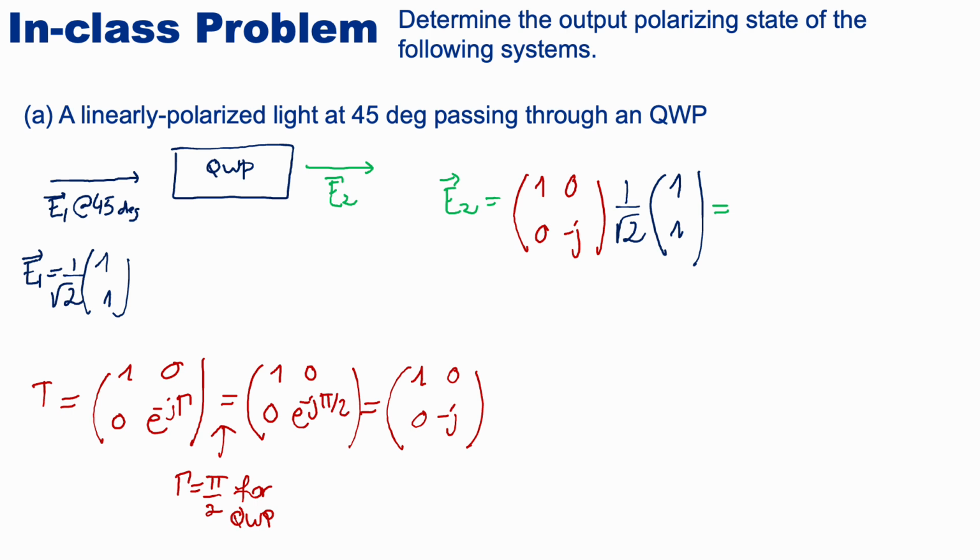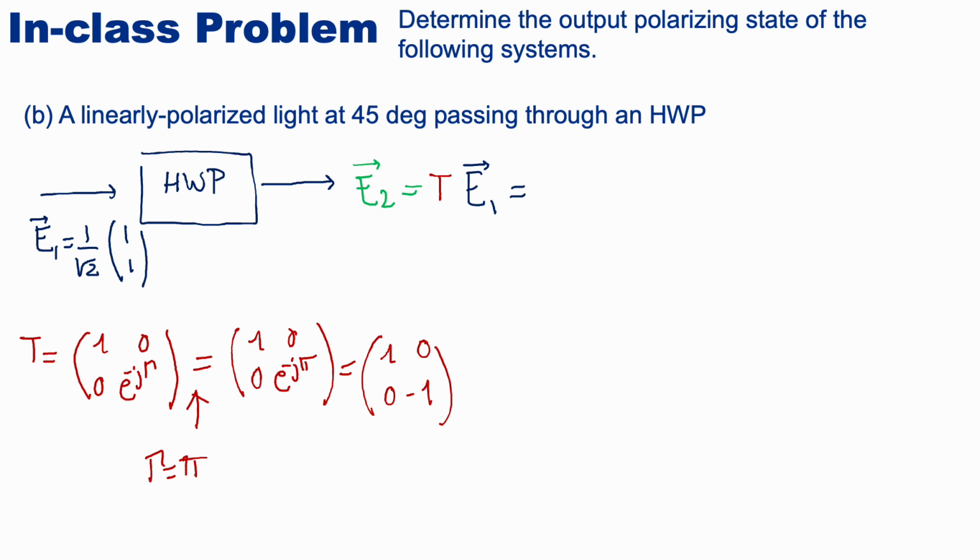And when we do this, it becomes 1 over the square root of 2 times 1 minus j. So this 1 over minus j, if you scroll down a little bit, you're going to see that that's the right hand circular polarization. So we have changed linear polarized light at 45 degrees into right hand circular polarization just using a quarter wave plate.